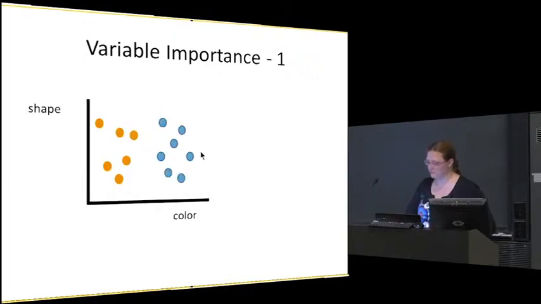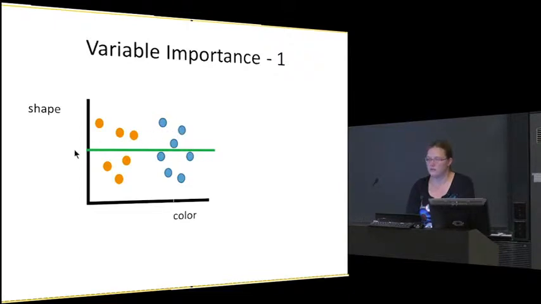That's the idea here. This is from the very introductory lecture on machine learning. We had our apples and oranges and measured shape and color. The shape is so similar that it doesn't give you much information, and the color is different. So this is the actual feature you want to use.